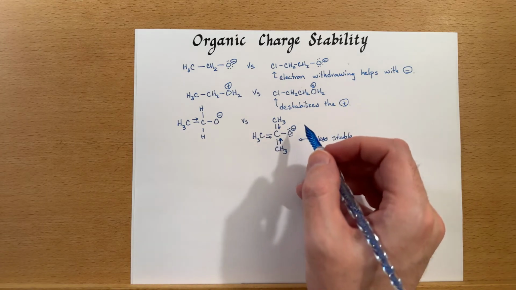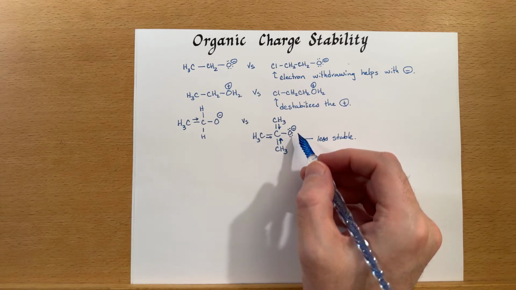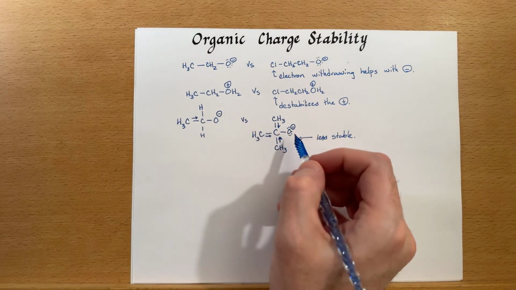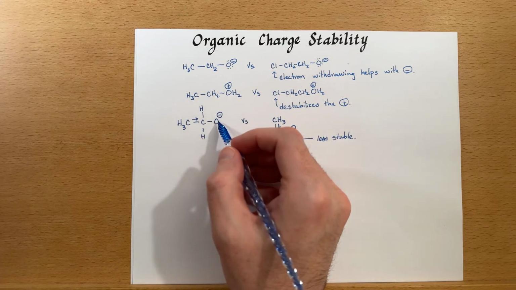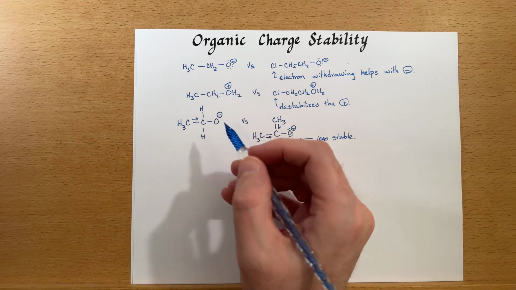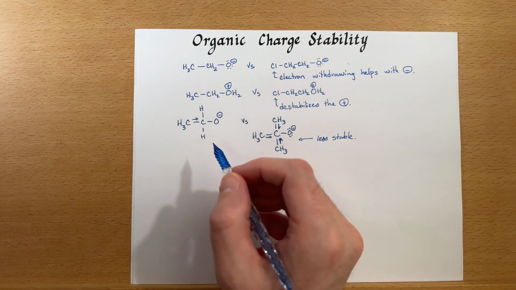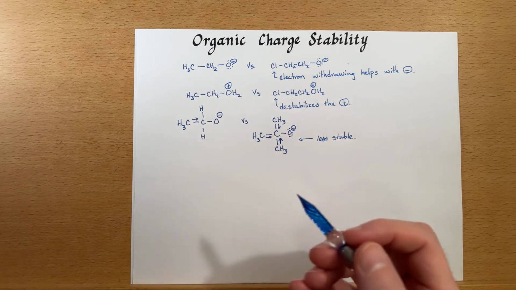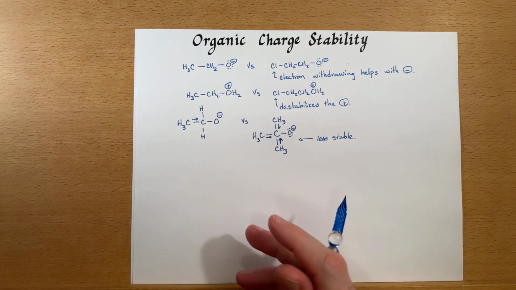So what does that mean? That means that the t-butoxide is a better base than the ethoxide. And you'll see that later when we start talking about elimination reactions. We'll be using this base in some of those cases.